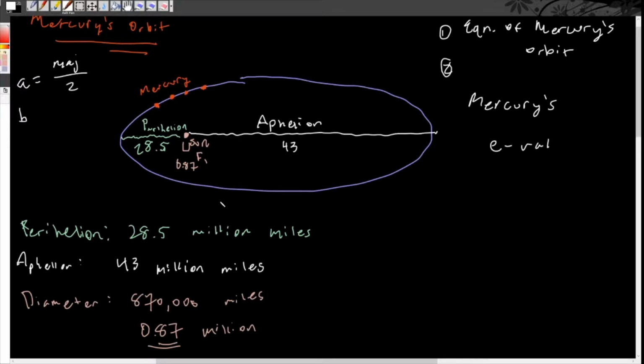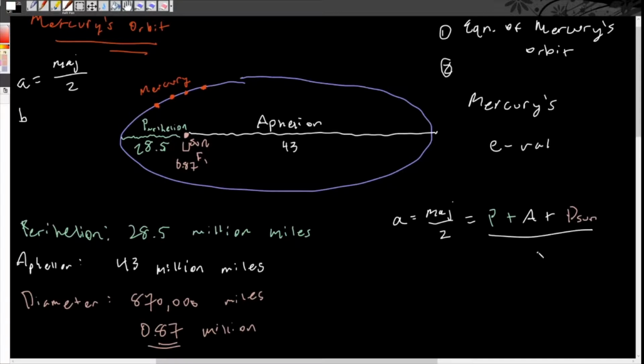So let's add up all those things, right? So we are saying that A equals major axis divided by 2. And we are provided with the major axis. It's going to be the sum of the perihelion, the diameter of the Sun, and the aphelion. I'm just going to write it as P plus A plus the diameter of the Sun, all divided by 2.